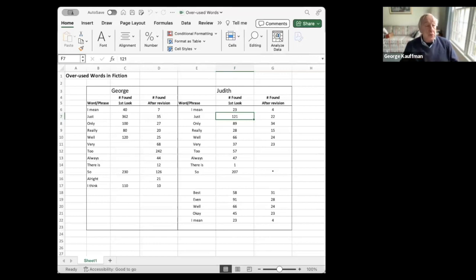So then most recently, just this week while we were working on this, there were two things that came up as a way to find words in your manuscript. Let me stop sharing and show you this one thing.